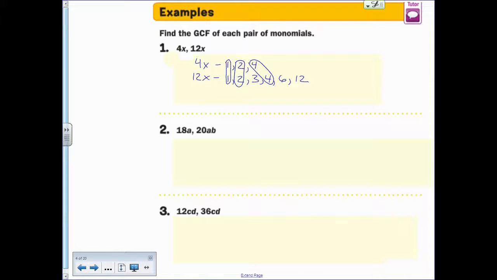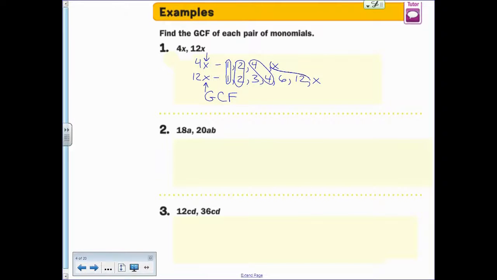So what is the greatest common factor? Well, it appears to be 4, except hold on a second. Is that the only thing that goes into 4x and 12x? No, it's not. Because if you notice here, they both have x as the variable. So actually we can say that x is also a common factor of 4x and 12x.